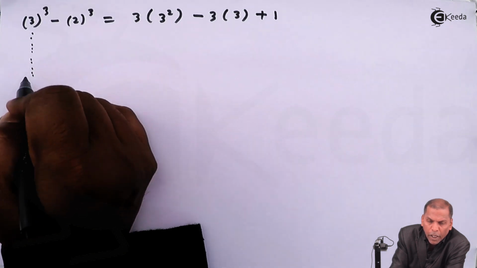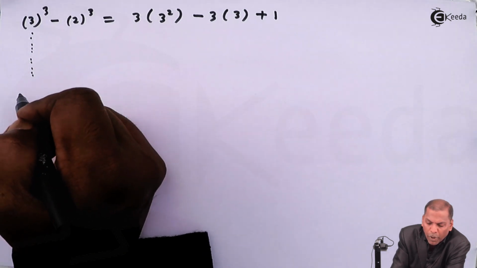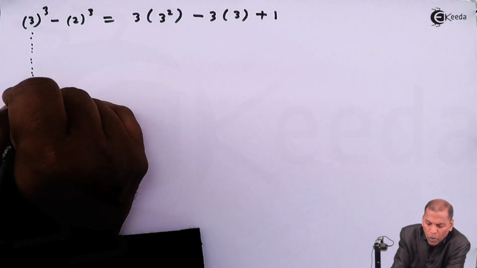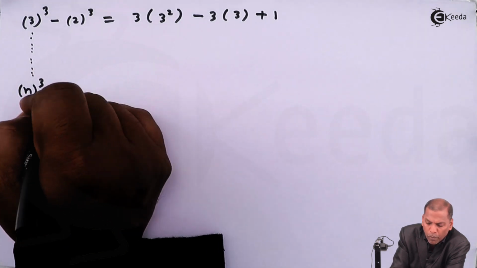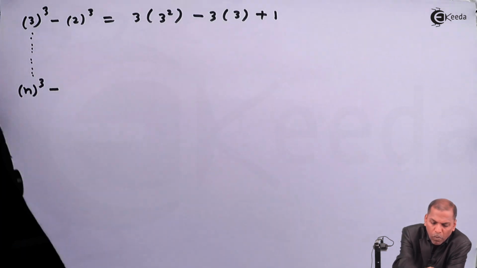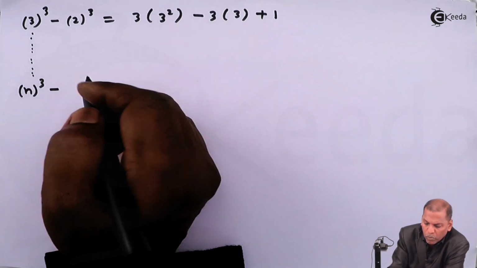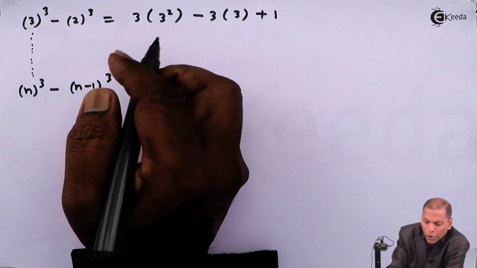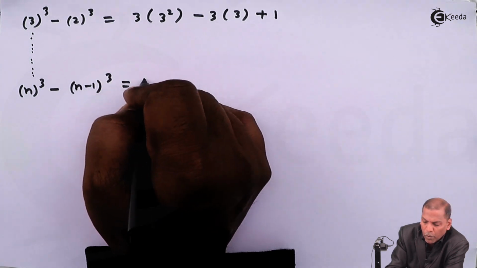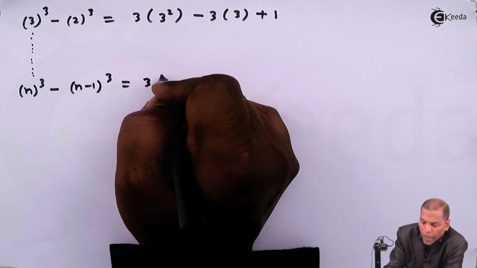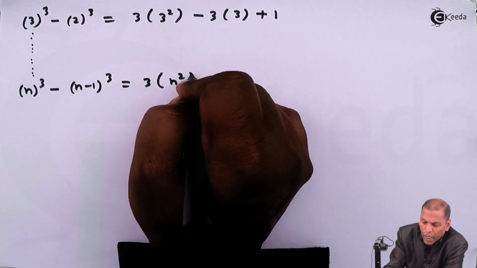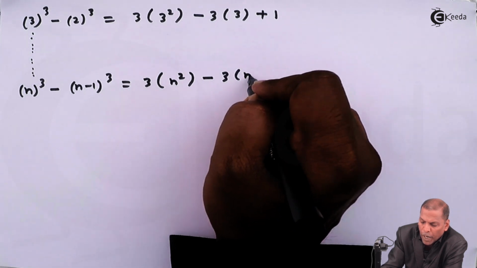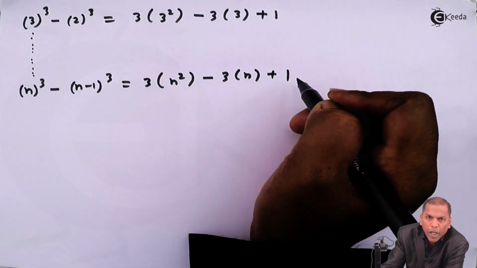So continuing in the same manner, finally we put x equal to n, so we have n the whole cube minus (n minus 1) the whole cube equal to 3 times n square minus 3 times n plus 1.